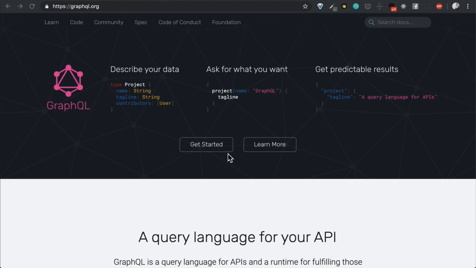GraphQL is actually a server language that wraps around an existing database or server that you can make requests against in a different way from the way that we have been up until this point. If that seems confusing, don't worry, I'm about to explain what I mean. But in order to do that, we have to first look back at our backend diagram.